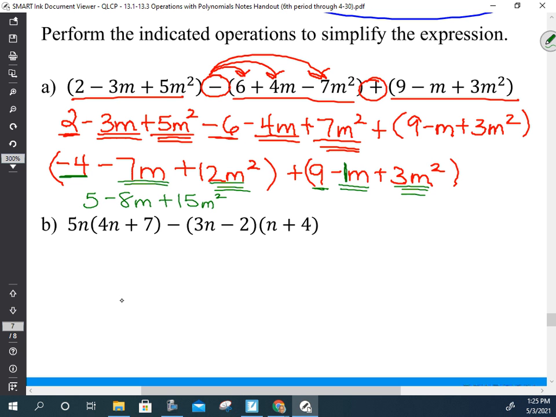The only thing left is to put it in standard form. So your answer is 15m squared minus 8m plus 5. Your answer still has to go in standard form. Any questions, part A?